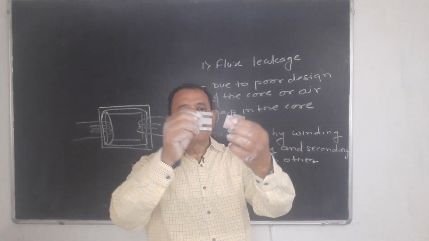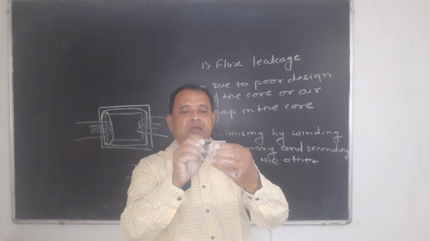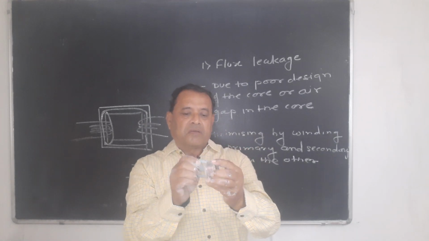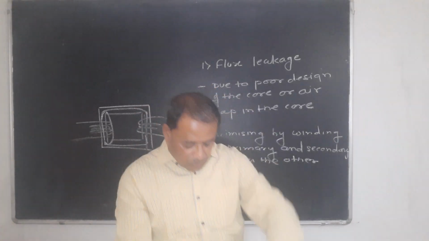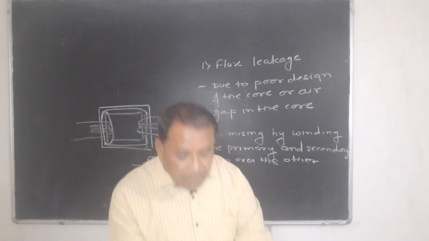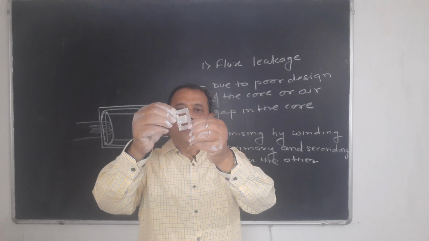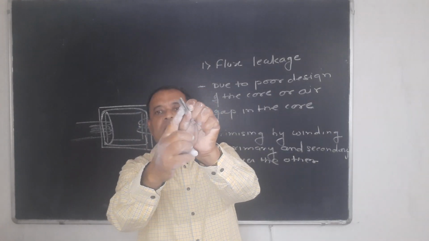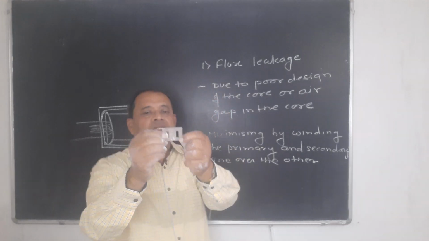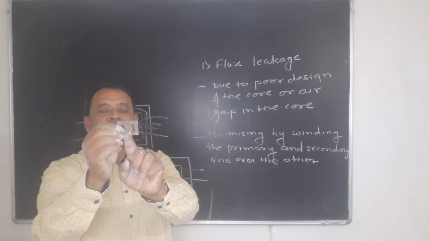This is the laminations, and this is the central limb. Both the windings are on the central limb.